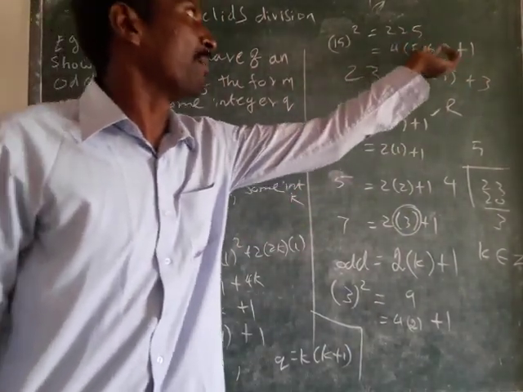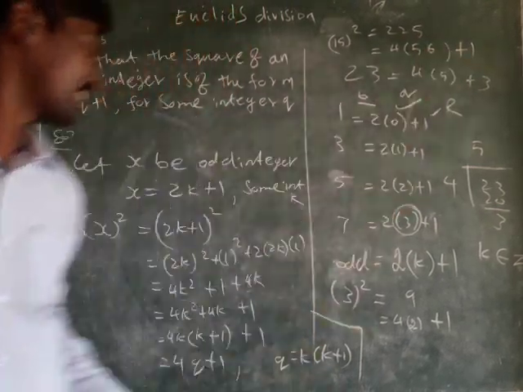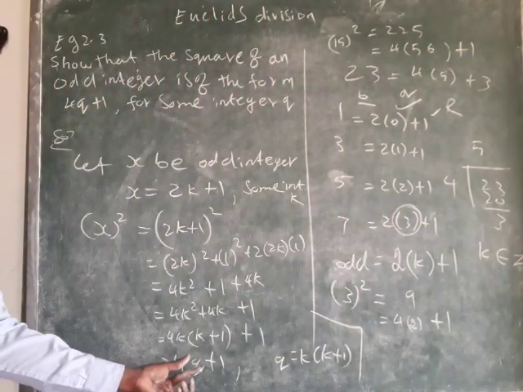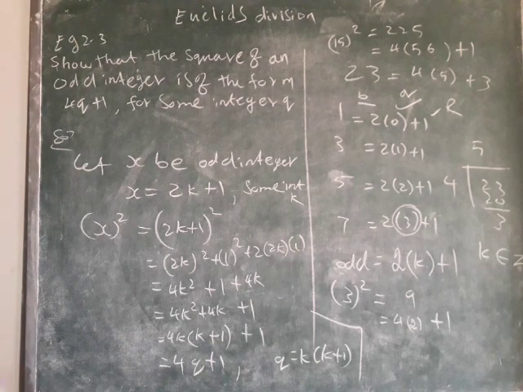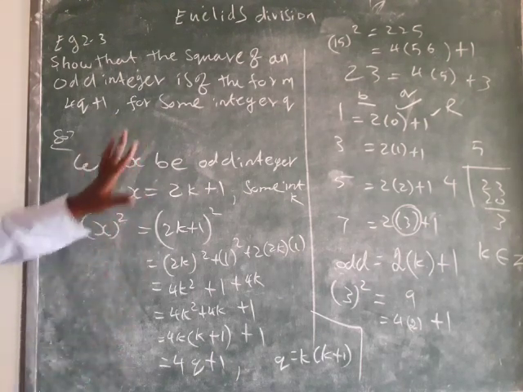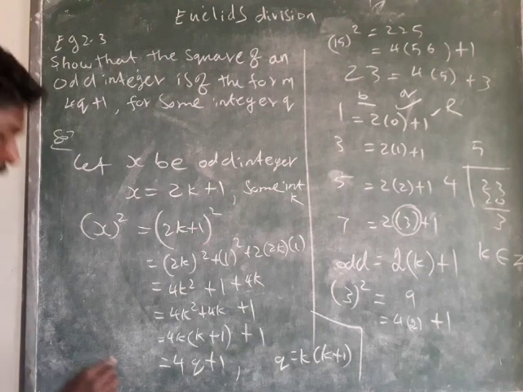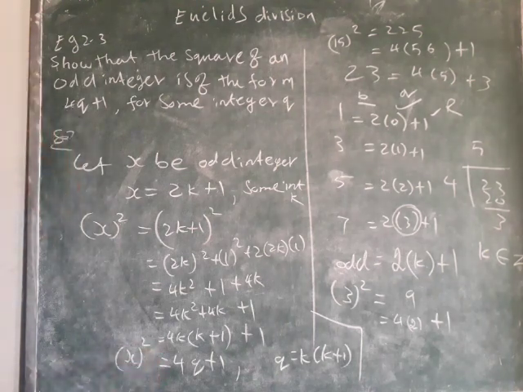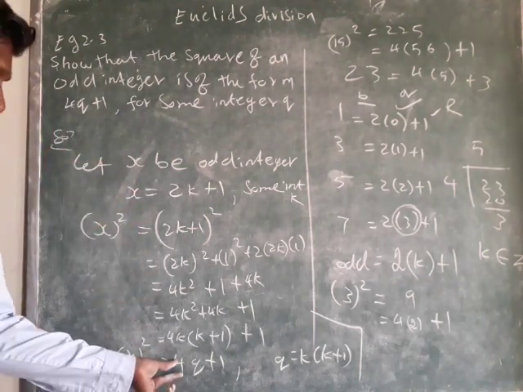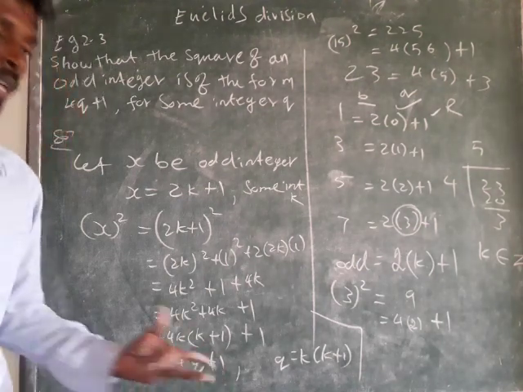So 4 into some integer plus 1, where the integer is called q. So 4q plus 1. Clear? A simple theorem. They discuss only the odd numbers. A very beautiful theorem. So x squared, for any odd integer, we can write in the form of 4 into some integer plus 1. That's all.